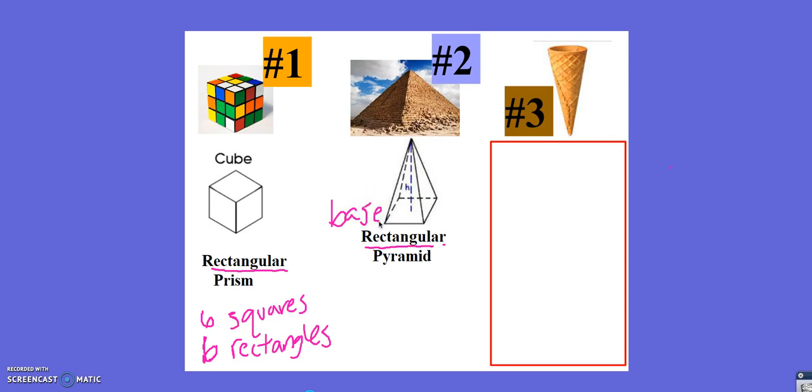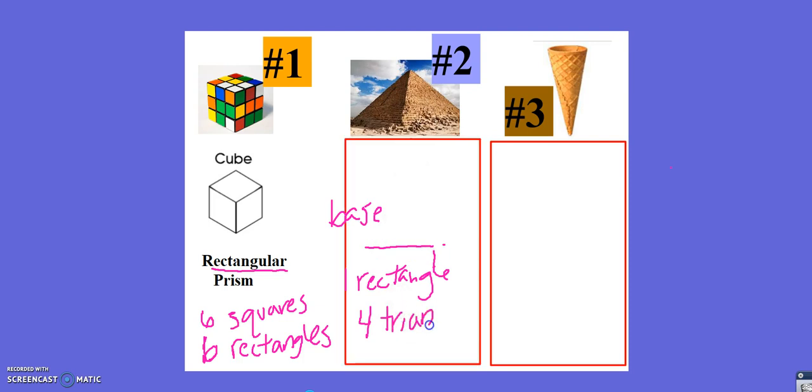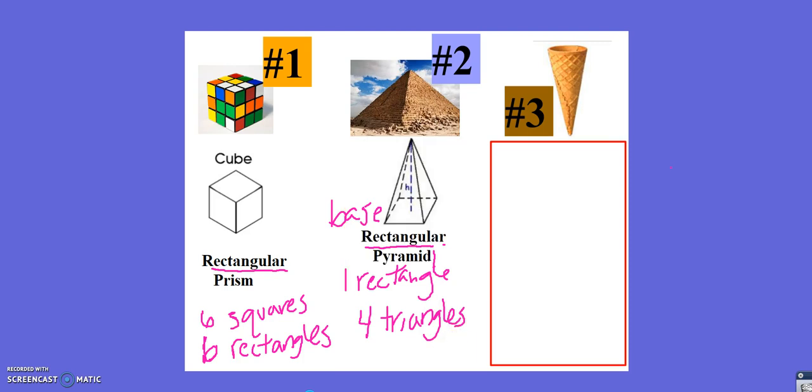This one, we know that we have one rectangle on our base, and then we've got the 4 sides, which are made up of triangles. So then 4 triangles. One rectangle and 4 triangles.